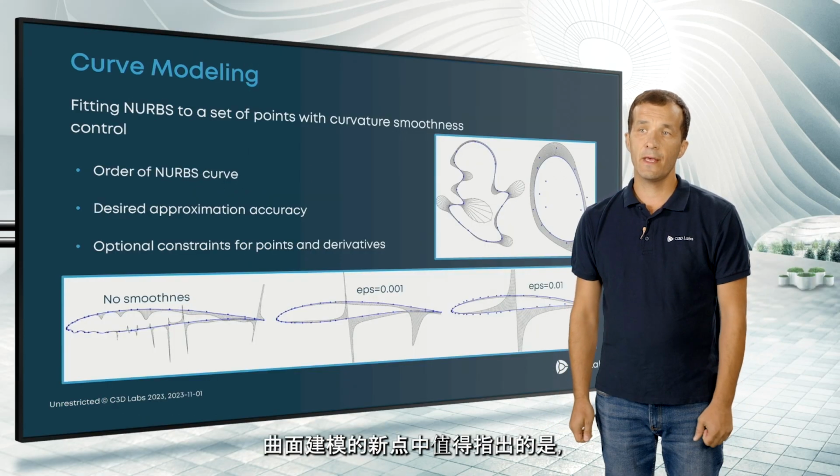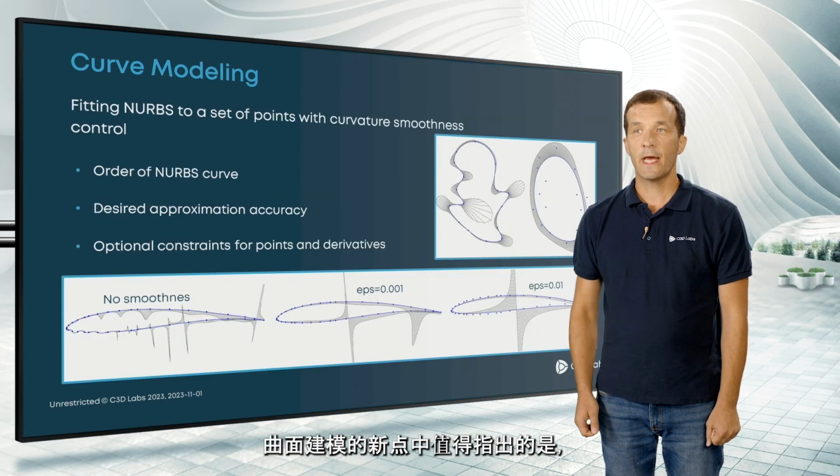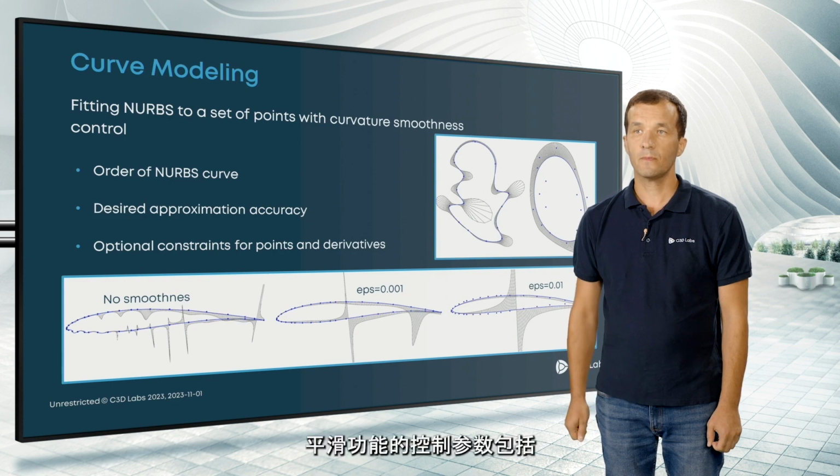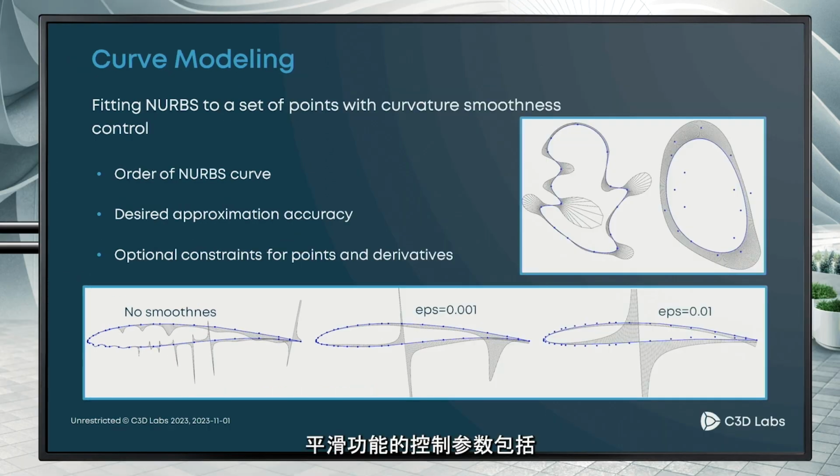One of the key novelties of curve modeling is the method of constructing a smoothed approximation from a set of points. The control parameters of the smoothing method are the maximum deviation of the spline from the points, the possibility of fixing it at selected points, as well as fixing the tangents at these points.